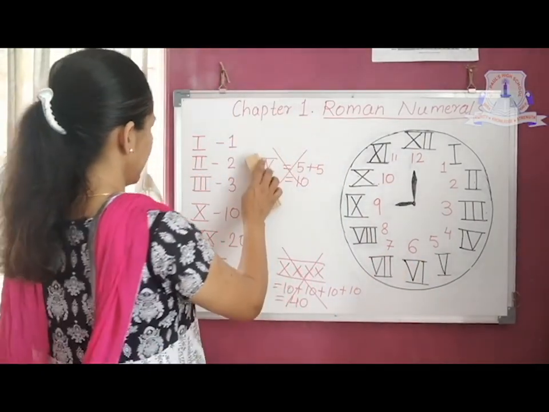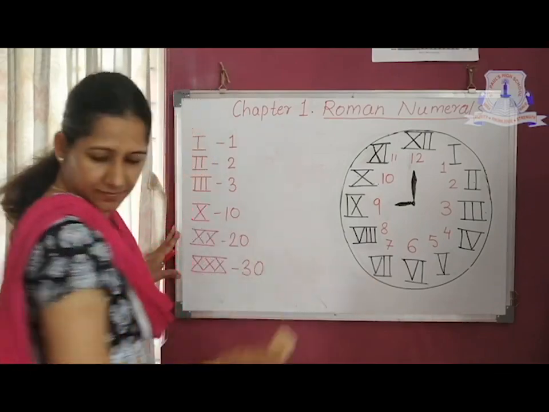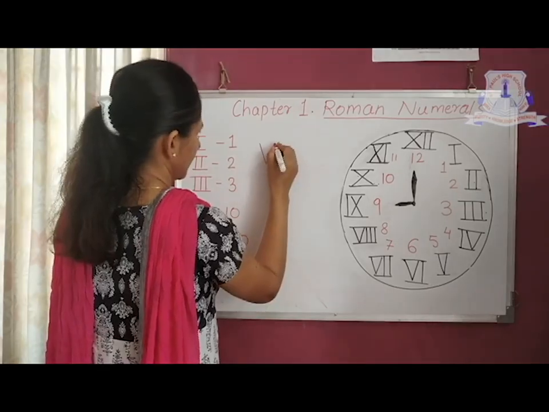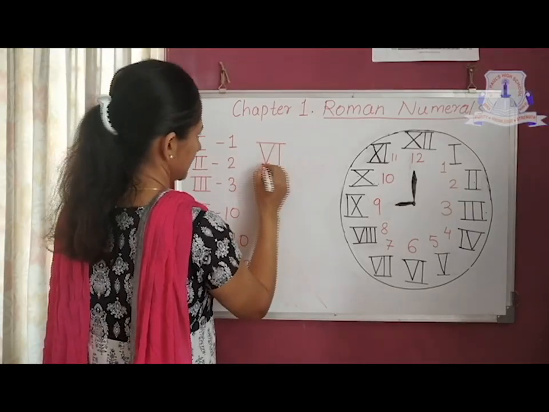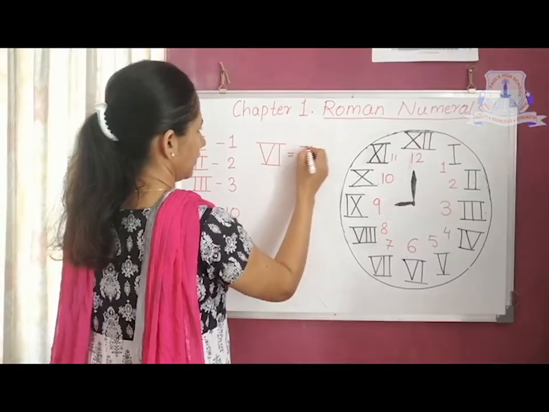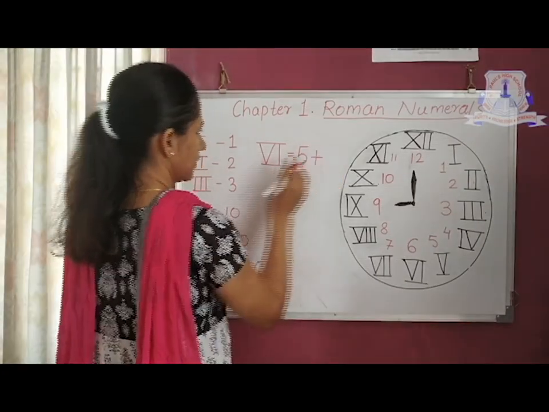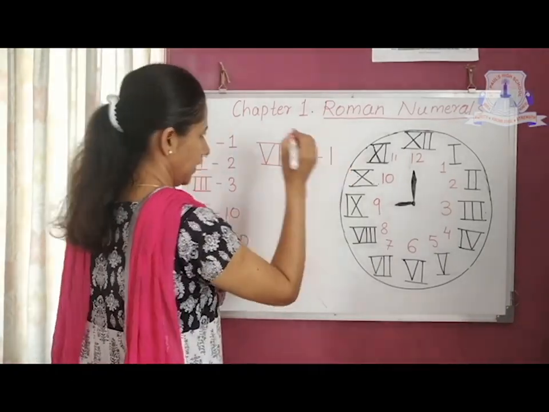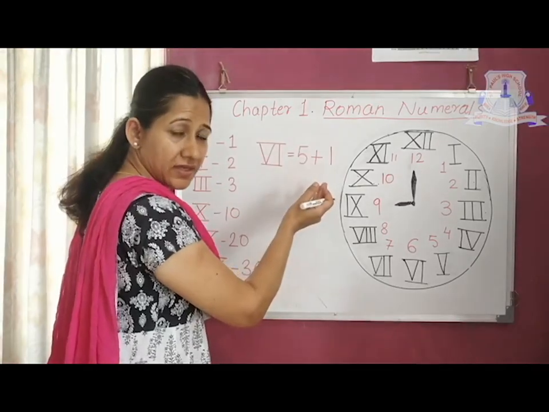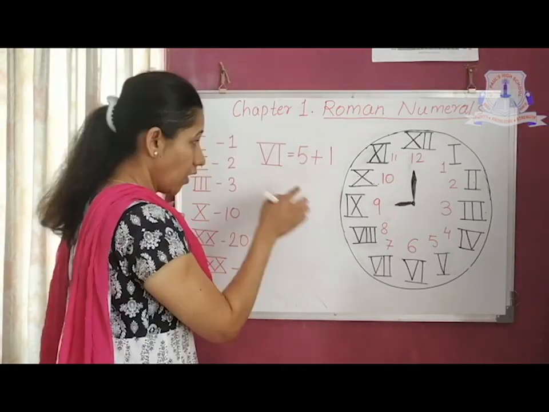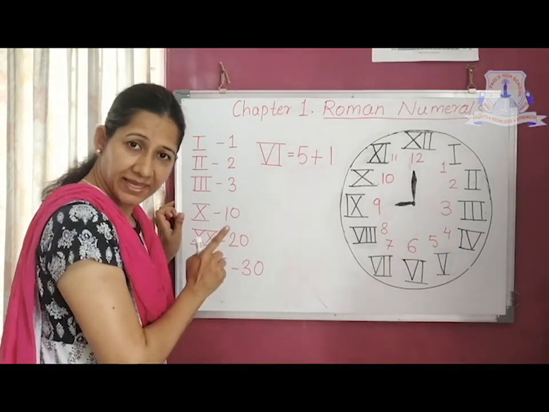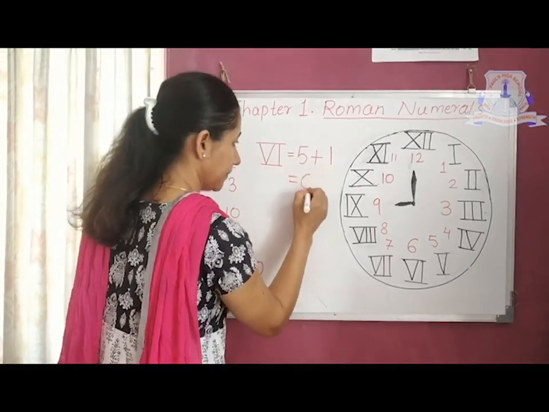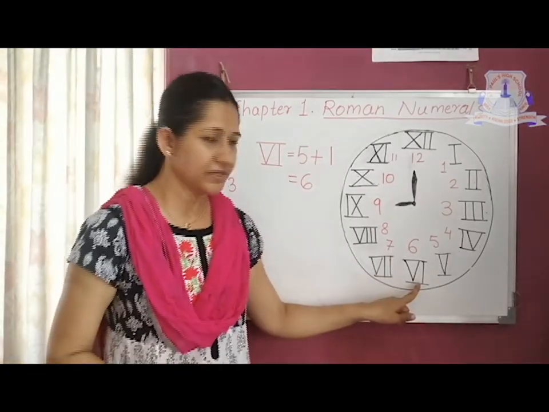So if we write this, it is equal to 5, which is V, plus 1, that is I. Since this I is written at the right hand side of the bigger number V, 1 is added to 5, which will represent number 6, which we already represented over here.